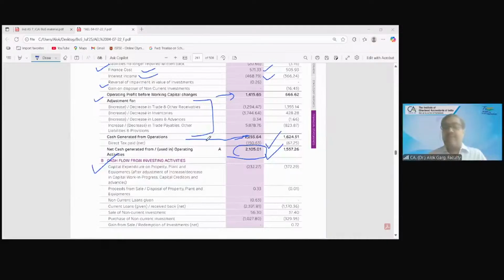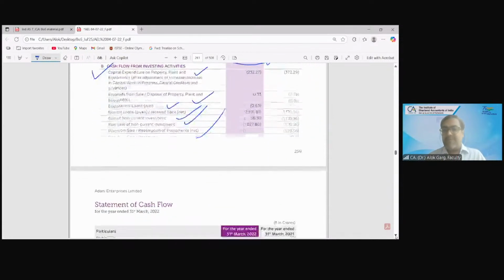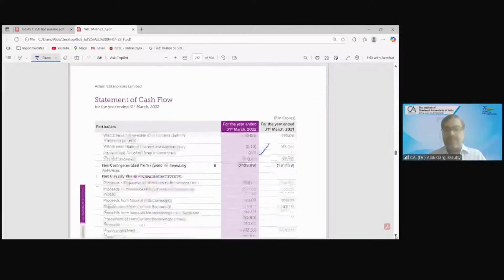So then we have arrived at cash flow from investing activity, and you can see capital expenditure on PPE, capital work in progress, intangible asset, proceeds from sale of fixed asset, which is PPE, non-current loans given, sale of investment, purchase of investment, right? Redemption of investment. So all these are investing items.